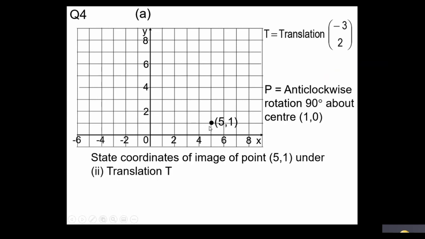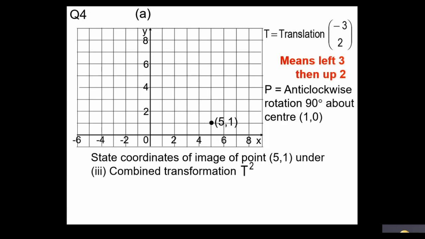Translation T. Now there is no combination. They ask you separately, one is the rotation, another one translation. So this one is left 3, up 2. 1, 2, 3, 1, 2. This one is a combined transformation, and I like this.